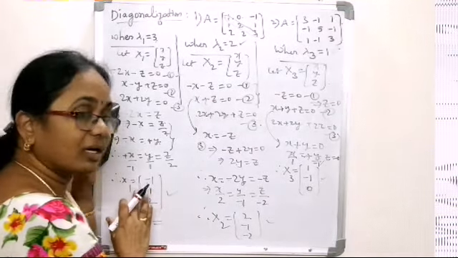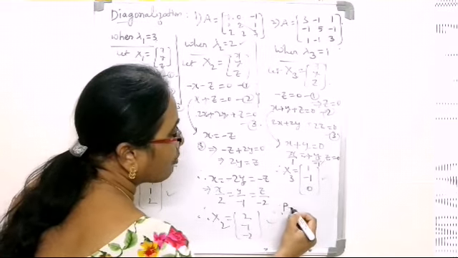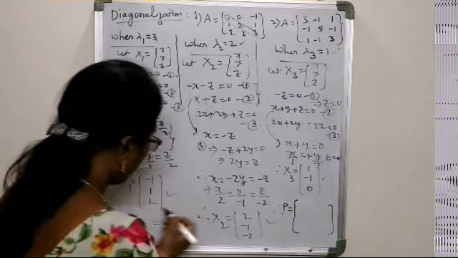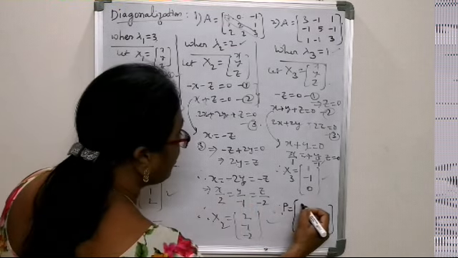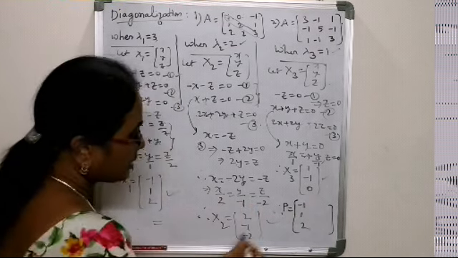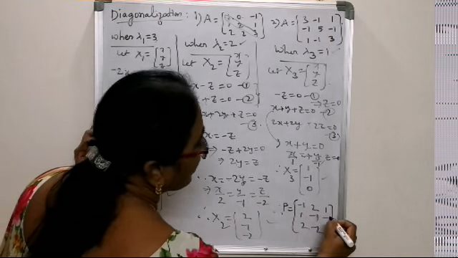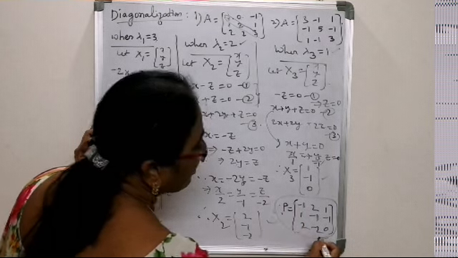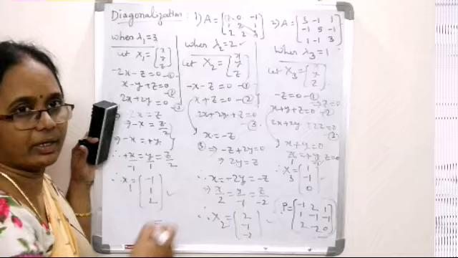Since the 3 vectors are linearly independent, grouping them, we can now form the model matrix P. The first column is the first eigenvector, minus 1, 1, 2. The second column is the second eigenvector, and the third column is the third eigenvector. This is the model matrix P formed by grouping the linearly independent eigenvectors.